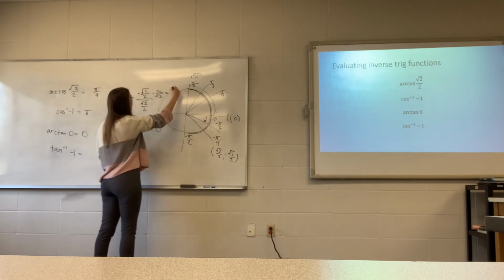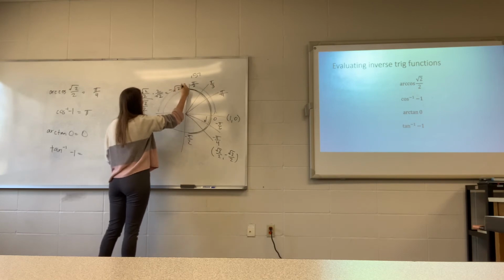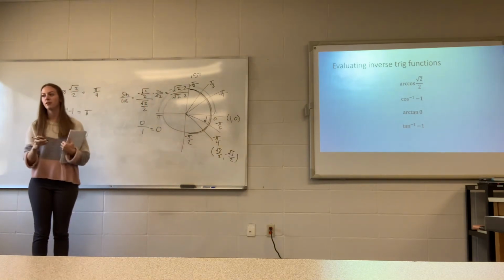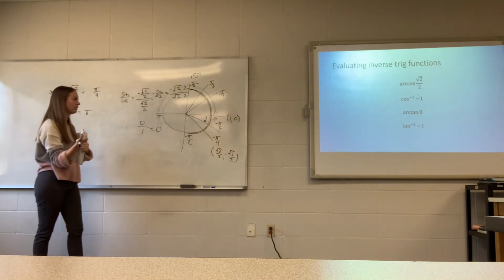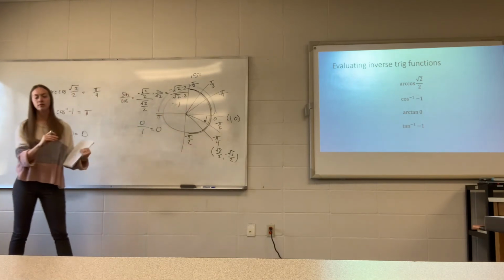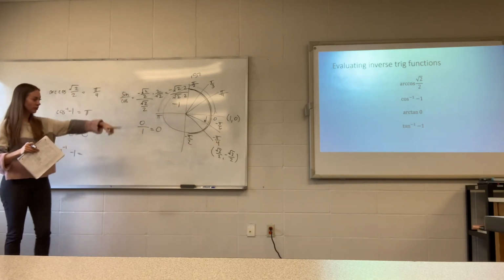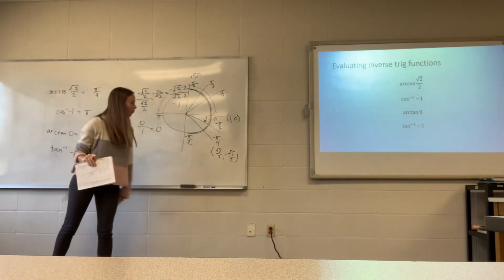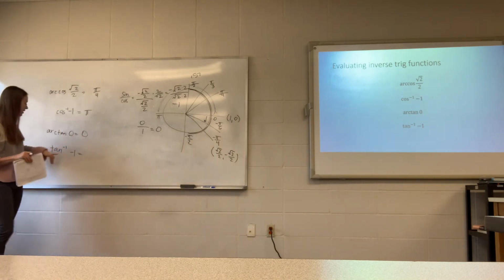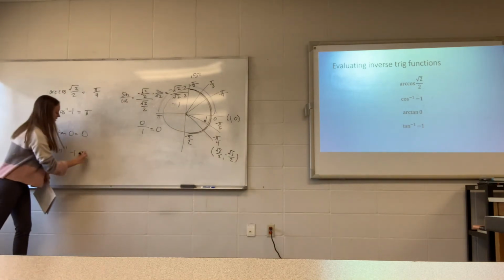So then I have negative square root of 2 times 2 over square root of 2 times 2, which all that's just going to be negative 1, right? Yeah, so this is going to be negative 1. Okay, so here we are at negative pi over 4. We have a tangent value of negative 1, so my answer would be negative pi over 4.